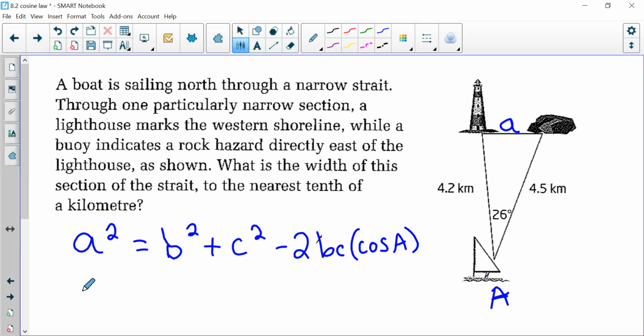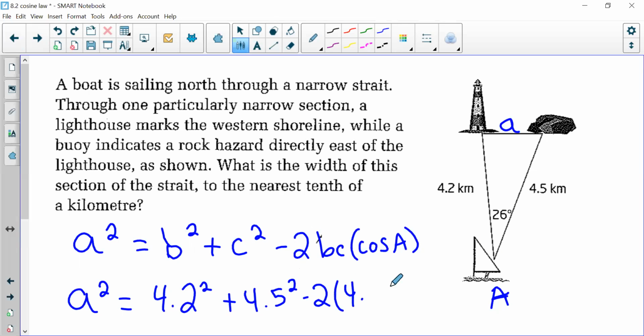All right, so A squared, don't know. I don't really mind if I call 4.2 or 5.3 B. I'm just going to plug them in. If you guys want to label it, you can. Minus 2 times 4.2 times 4.5 times cosine of 26.